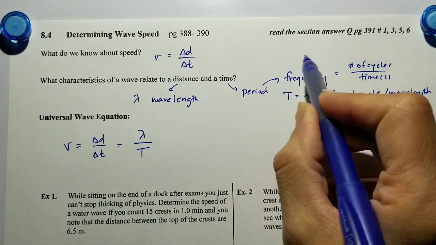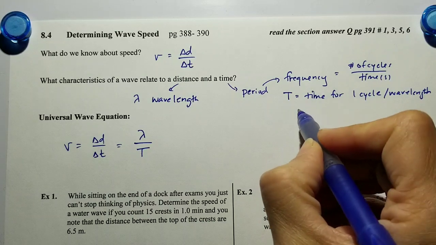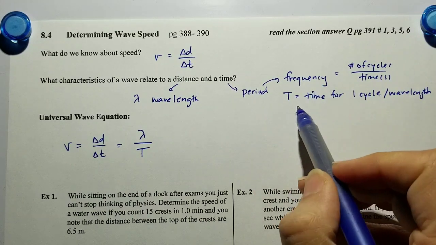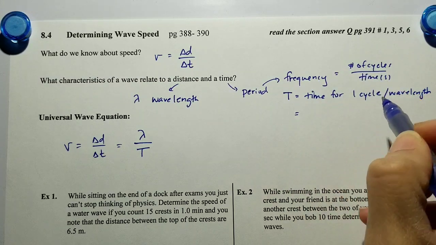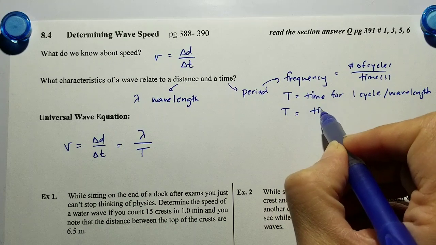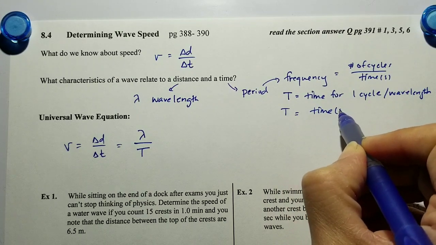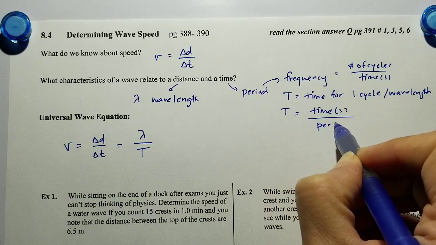But we know this thing about frequency. The other day we talked about frequency, number of cycles per time. Well, I want to show you the relationship between frequency and period. If frequency is the number of cycles per time, period is the time. Okay, if we did a whole bunch of cycles, and that's per cycle.